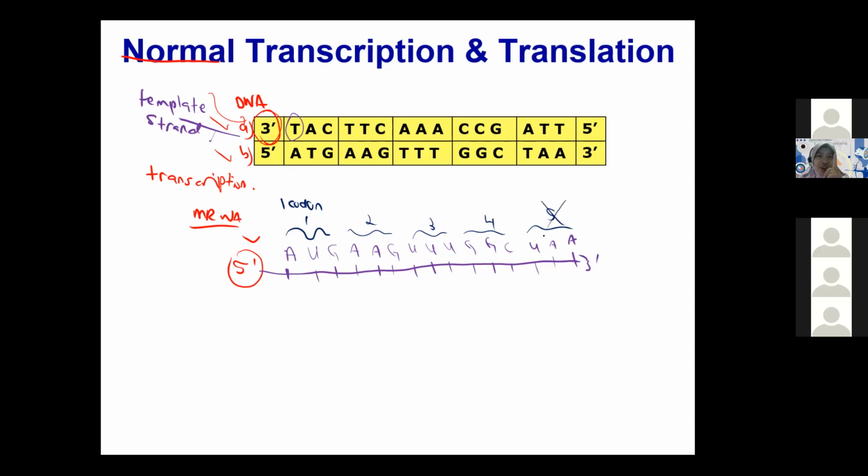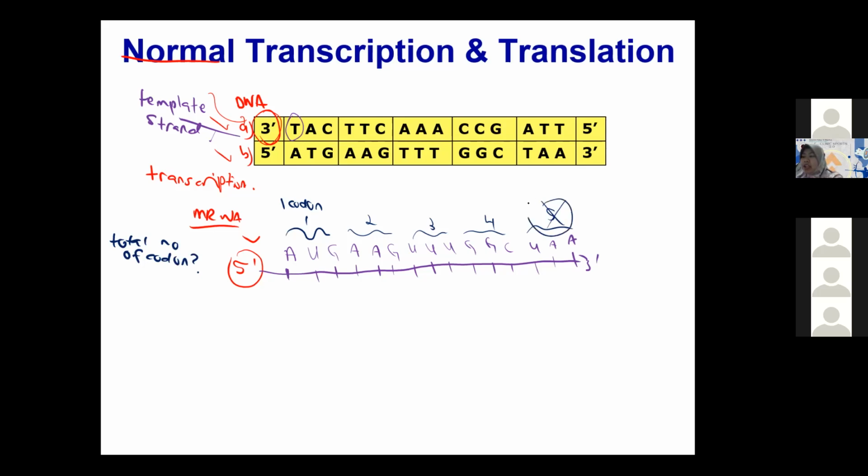Soalan suka tanya benda ni. Why there is only 4 codons? Because the last is the stop codon. Very good. Okay, soalan akan tanya you, what is the total number of codon? Okay, the answer is 4. Explain your answer.